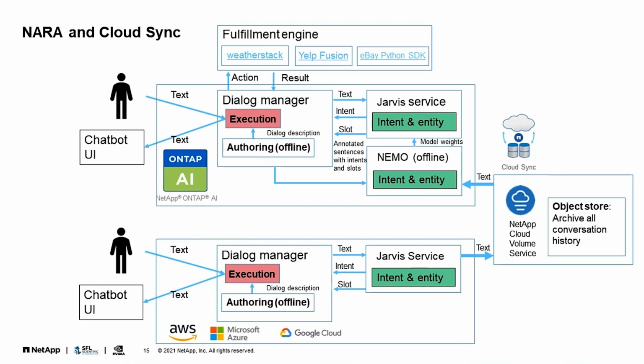And if you have it on premise and also in the cloud, you can use NetApp Cloud Sync to sync up your conversation history. For example, each day you can maybe have thousands of requests, thousands of interactions from the users. And after each day, you can use NetApp Cloud Volumes, CVS, CVO to archive all your conversation history.